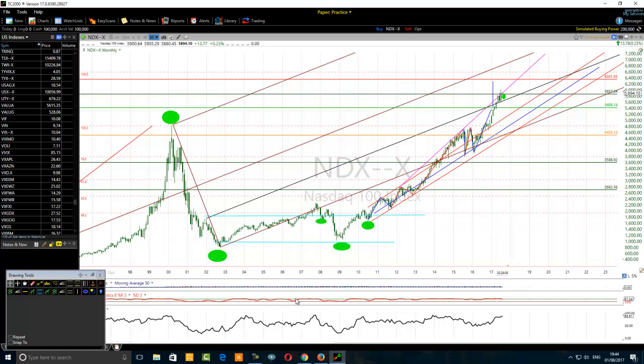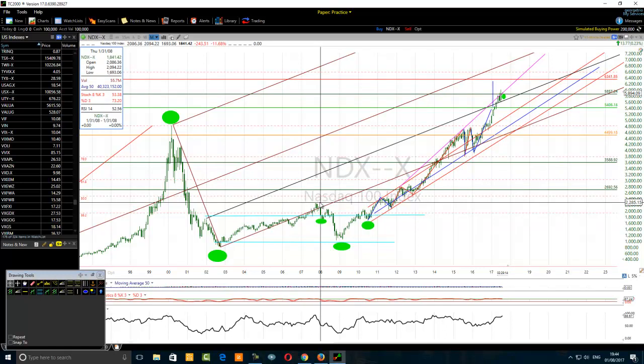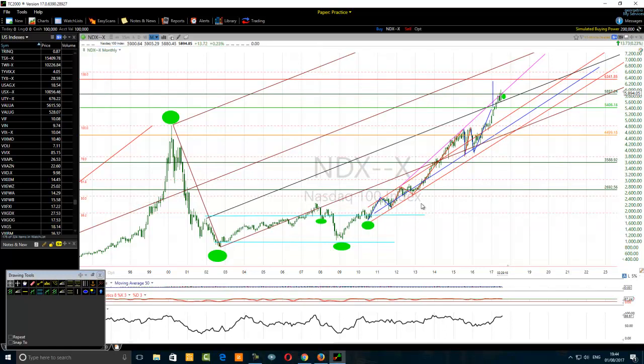So when it came out of that gigantic pitchfork tool, it was indicating to us that the market was becoming bearish. Now it re-entered that pitchfork tool, alerting us one more time that the market sentiment has changed from bearish to bullish, and we are now finding support inside that gigantic pitchfork tool.